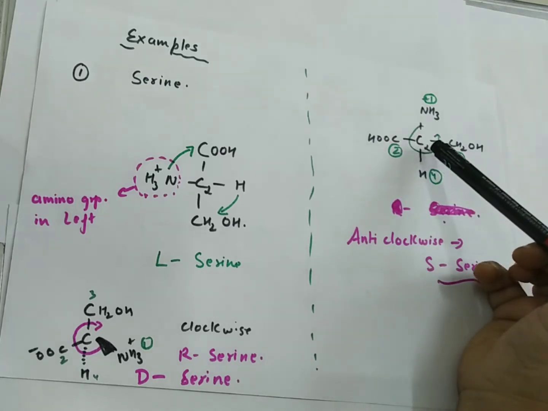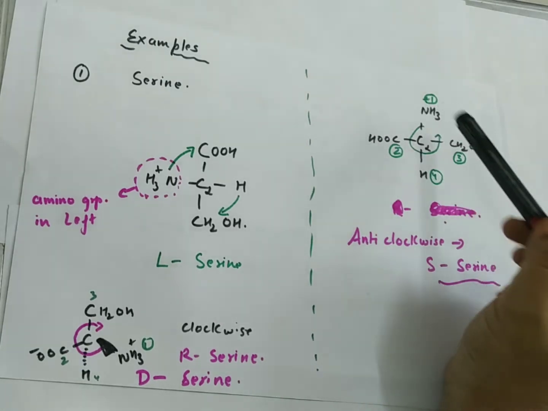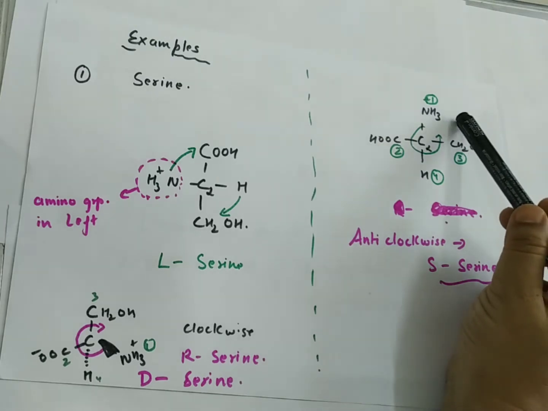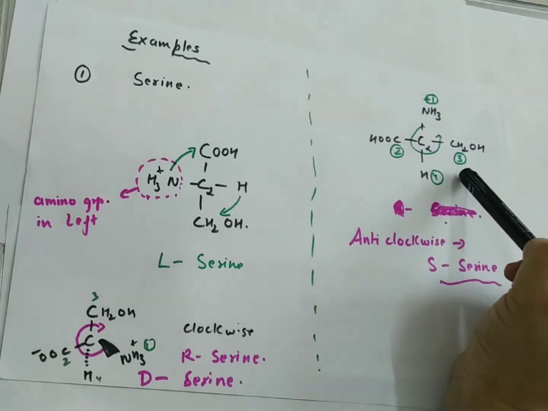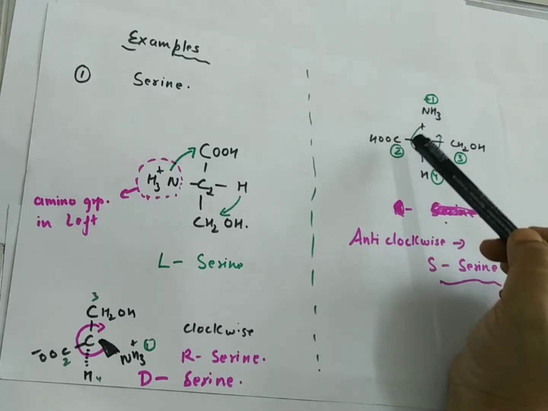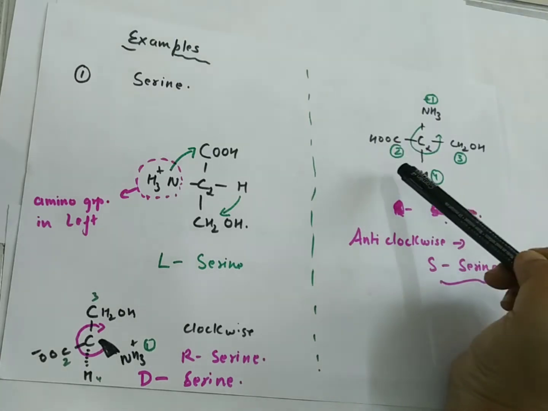Now we have to assign the numbers. We find amino as 1, carbonyl as 2 and this as 3, because amino has the highest atomic number. Then among these two carbons, this carbon is attached to oxygen, so it is second.